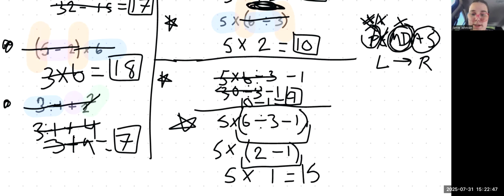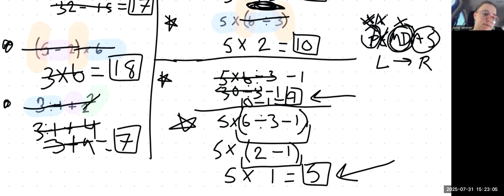Now, let's compare these answers because we got a 9 and a 5. And the only difference we made, realistically, was when we subtracted this 1. I'll highlight it. This 1 got subtracted at different times.